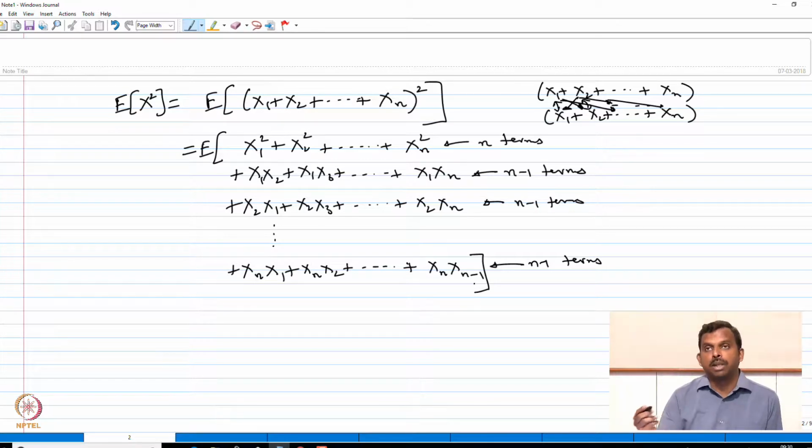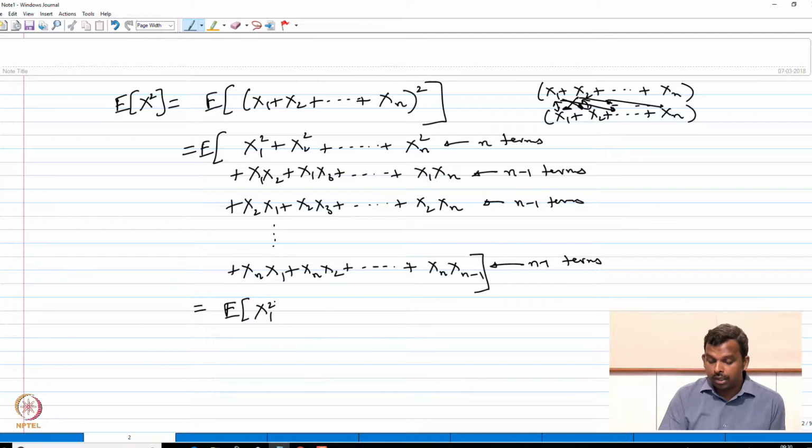So now you distribute the expectation. So this becomes expected value of x1 squared plus expected value of x2 squared plus so on till expected value of xn squared. So here I used linearity of expectation.